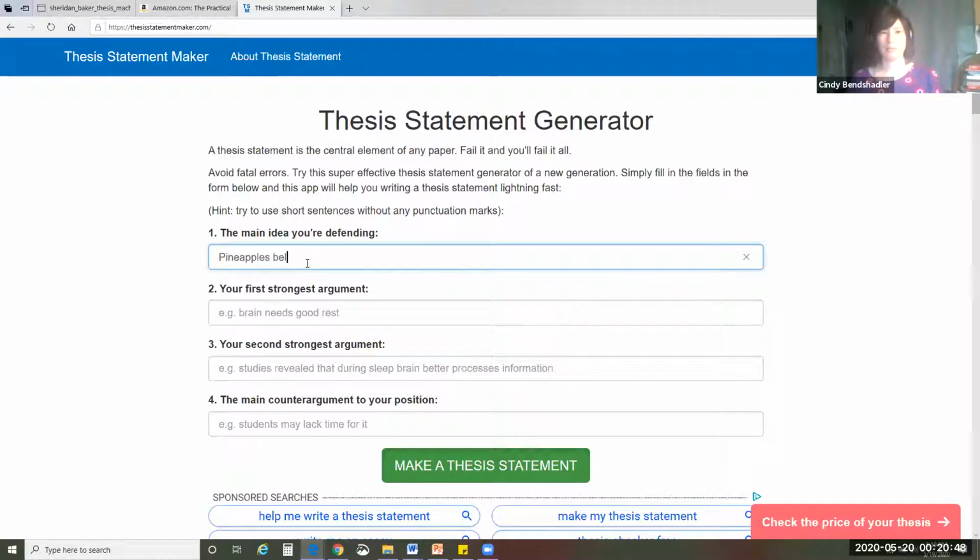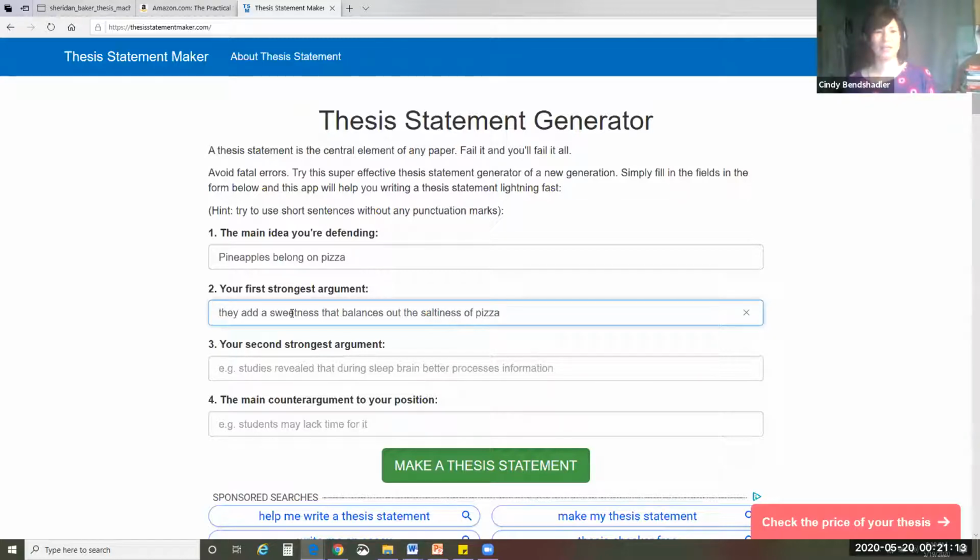pineapples belong on pizza. And then my first strongest argument might be they add a sweetness that balances out the saltiness of pizza, right?